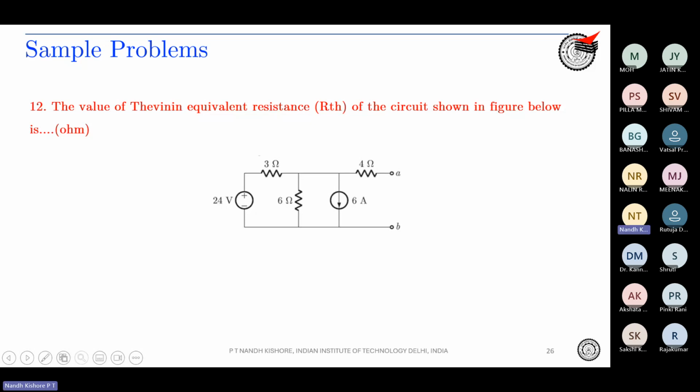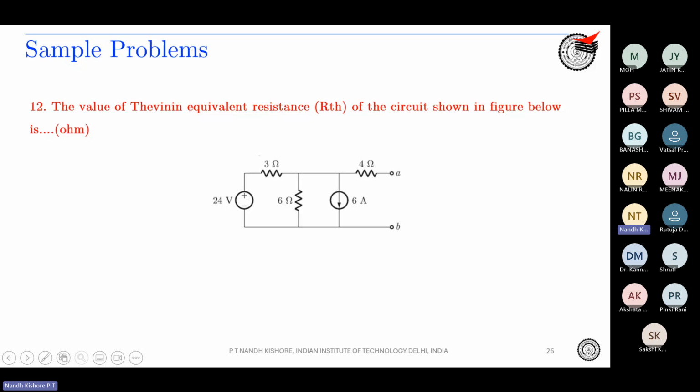Thevenin equivalent resistance. Six ohm. Sorry, 6, right? RTH equals 6 ohm.